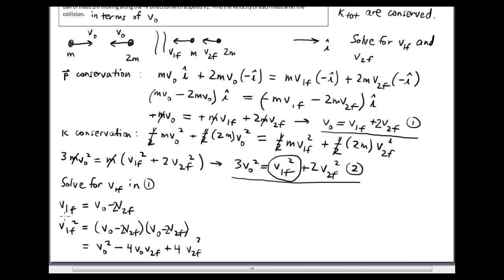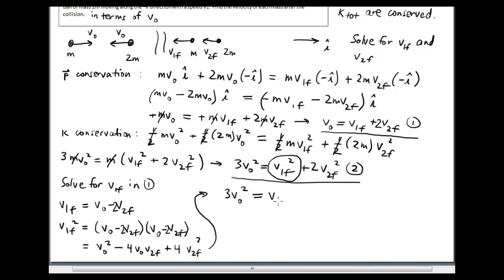All right, and that is what I'm going to plug into equation 2. So I'm going to rewrite equation 2 and plug this guy in right up here. So equation 2 becomes 3 v0 squared equals, and now this whole term here goes in there.